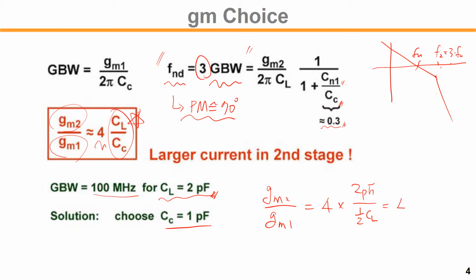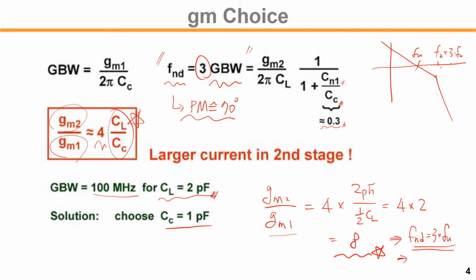So that results in 4 times 2, meaning 8. GM2 must be greater than GM1 by 8 times, right? If approximately 8 times greater GM is implemented, then the non-dominant pole location would be 3 times FU, right?